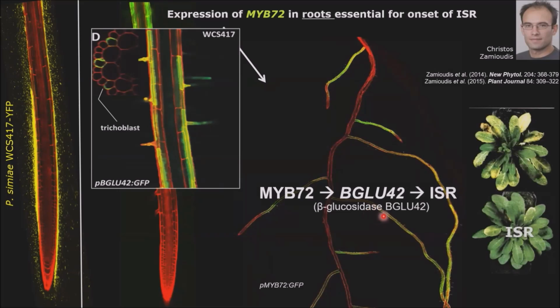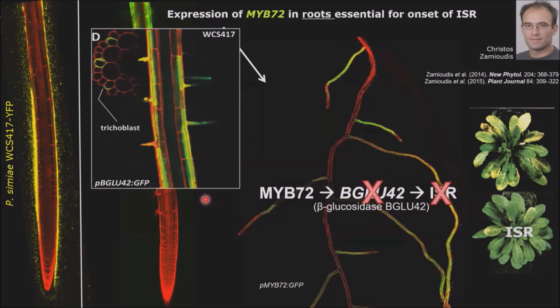Well, we have shown that this BGLU42 activity is also important for activation of ISR, because if we mutate MIP72, we do not get systemic immunity anymore in the systemic tissues, and the same holds true for BGLU42. When we have a mutant of BGLU42, we also don't get systemic immunity anymore.